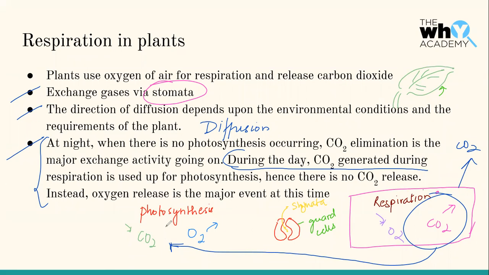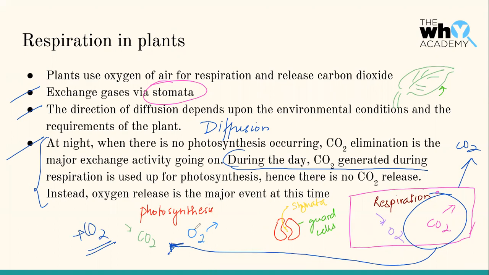If the conditions are ideal for photosynthesis, and the carbon dioxide which is given out from respiration is not sufficient, then of course it is going to take in more carbon dioxide from the air as well, right? So it depends on the plant's requirement totally. But these processes happen simultaneously. That is the point I would like to make here.